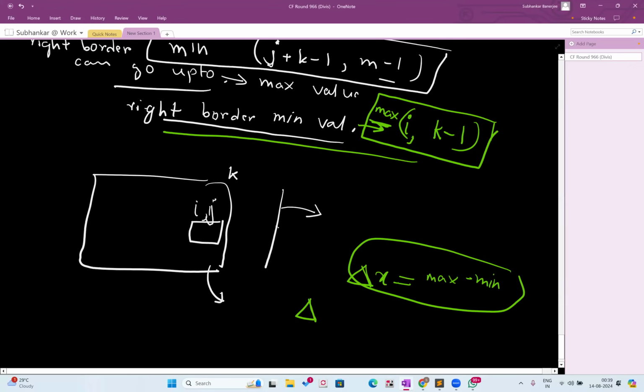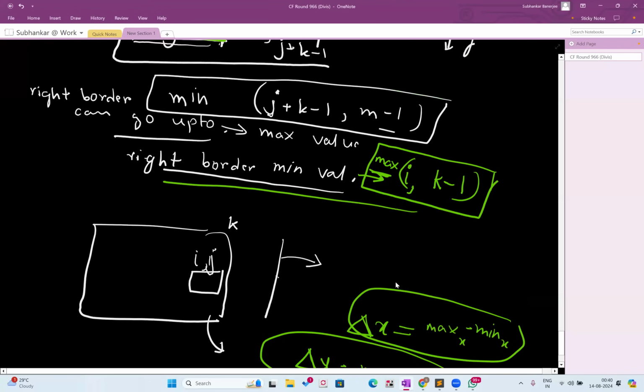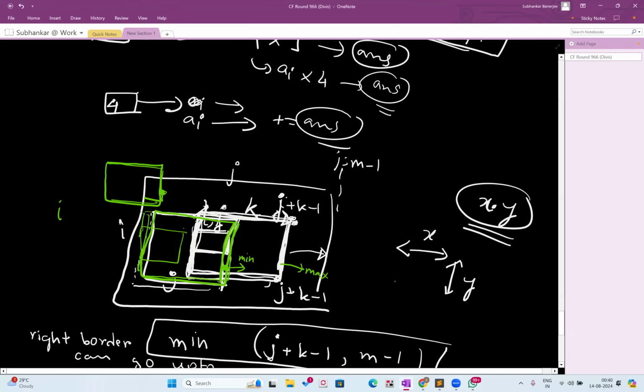Similarly, we can calculate delta y in a similar way. I'll just show you in the code. That will be the maximum minus minimum of the y values. This is the x values, or the horizontal movement I'm talking about. This will be the down border. I'll calculate it in a similar way: how many moves it can move down, or what maximum value it can reach in the downward direction, and what minimum value it can reach.